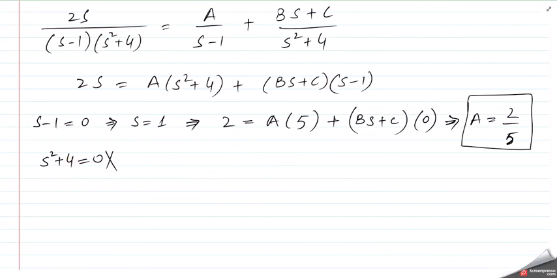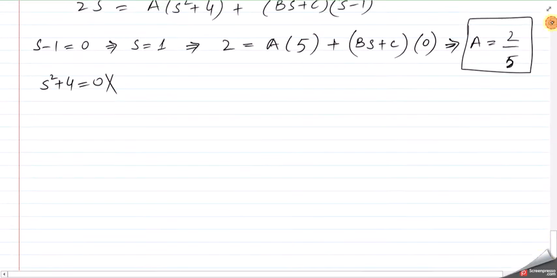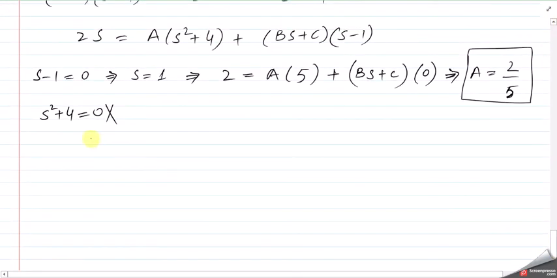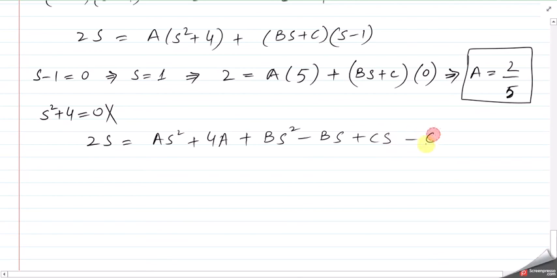To find the other two constants, we will do comparing coefficients. So 2s equals as square plus 4a plus bs square minus bs plus cs minus c.